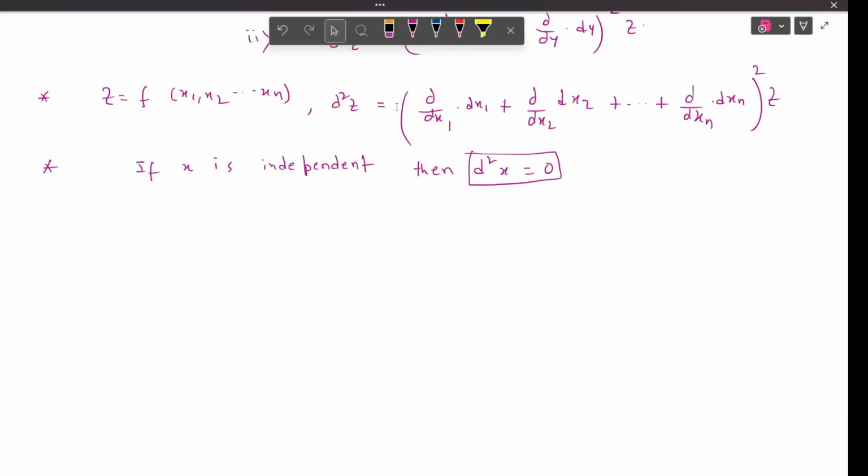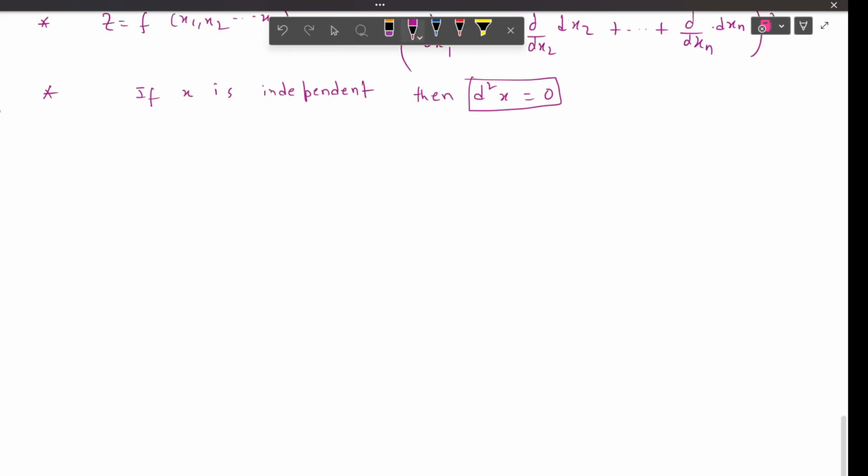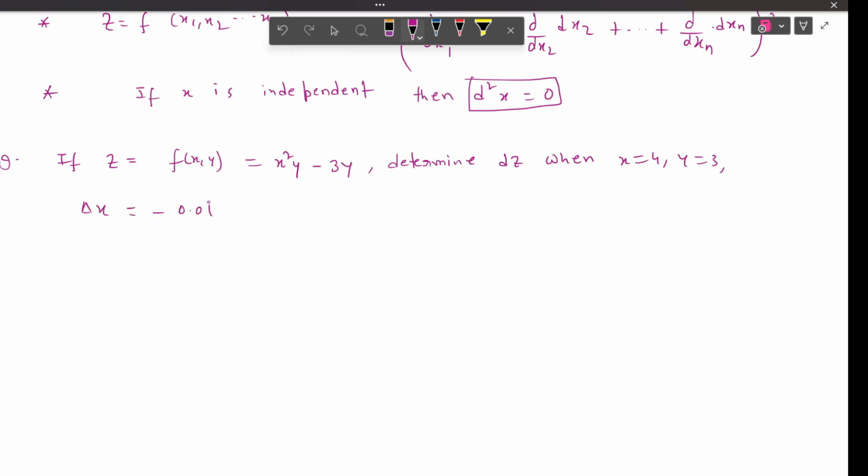The question is, if z is equal to f of x comma y, which is x square y minus 3y, determine dz when x is 4, y is 3, and delta x is minus 0.01, delta y is 0.02.